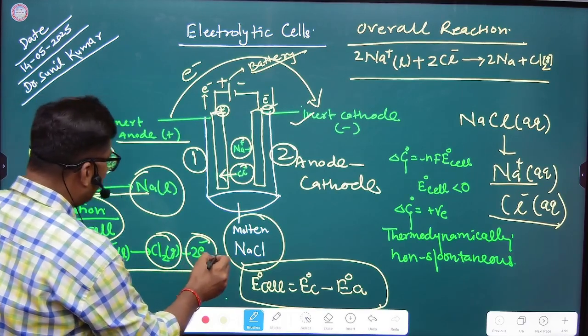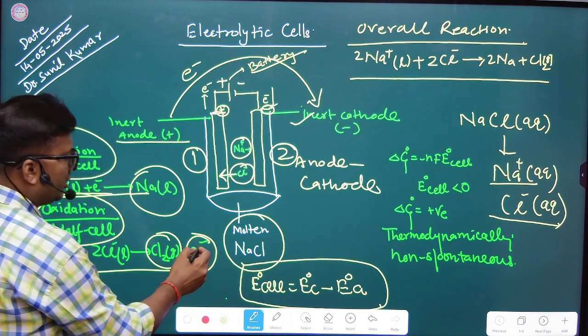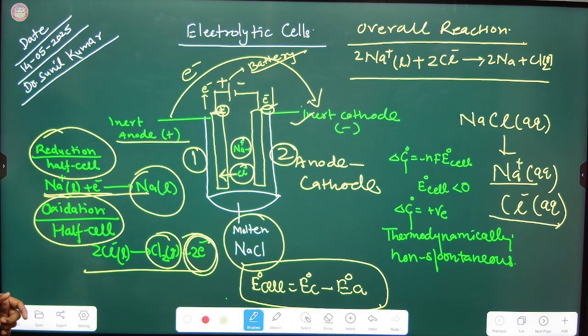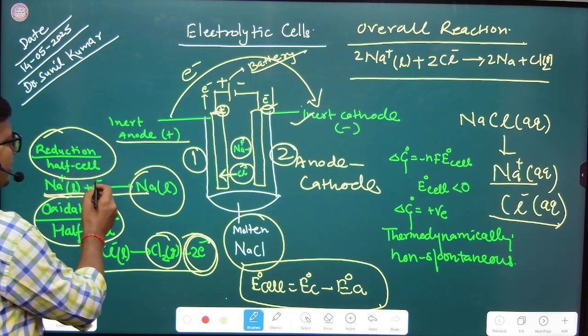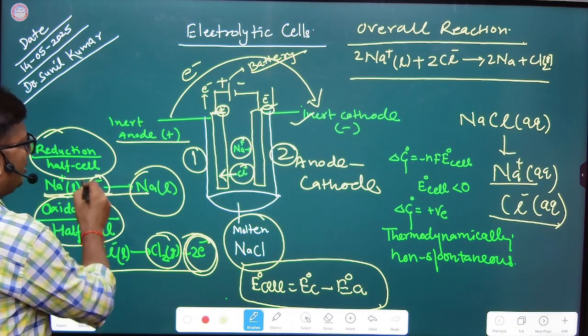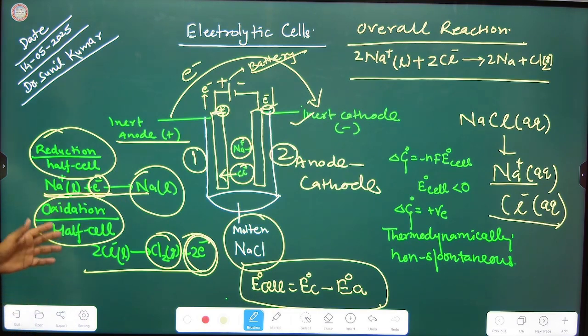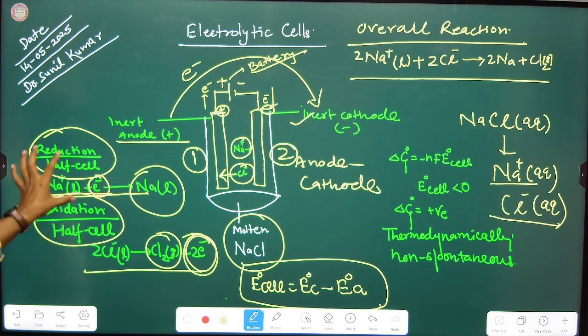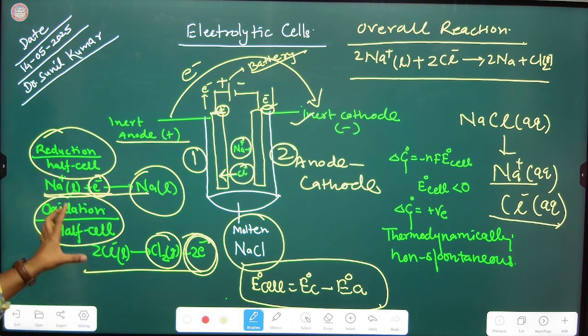Because in the oxidation half cell reaction there are 2 electrons on the product side, but in the reduction half cell reaction only one electron is exchanged with the sodium cation and liquid sodium, we have to balance these electrons to neutralize them overall.